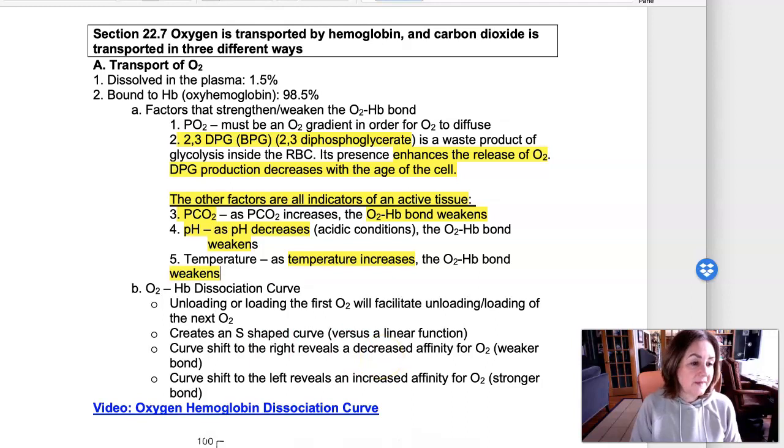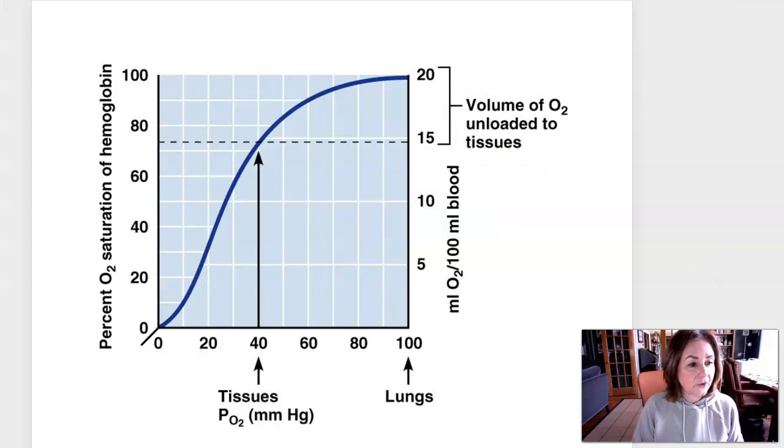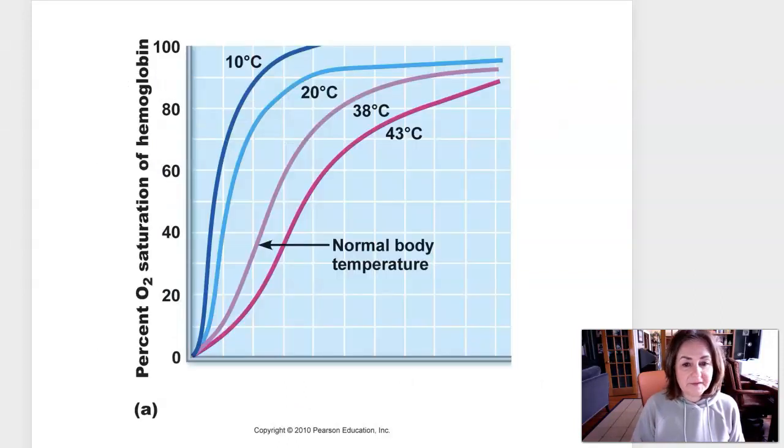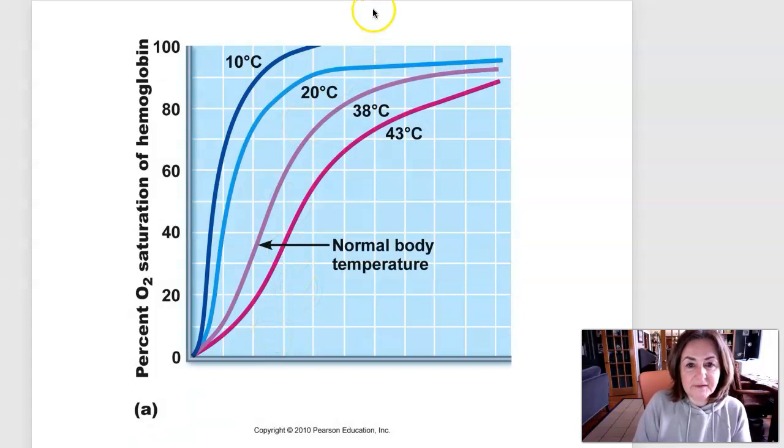And you can look at that in association with this curve too. So for instance, taking a look at temperature, here's the oxygen hemoglobin dissociation curve again. Let's make a comparison.